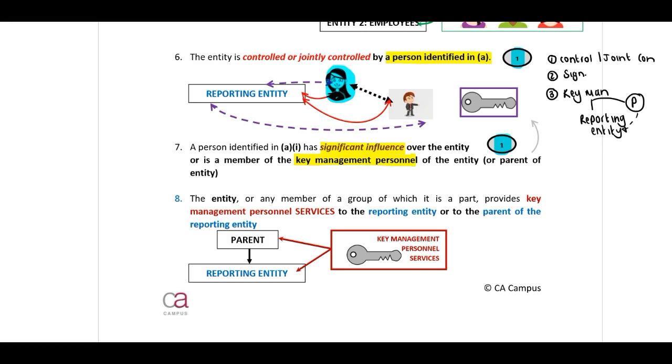Number 8, the entity or any member of a group of which it is a part provides key management personnel services to the reporting entity or to the parent of the reporting entity, and then that entity or member of group that is part of that entity shall then be a related party in terms of IAS 24.